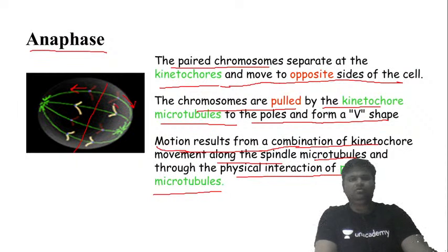So this is how the chromosomes are pulled, and motion results from a combination of kinetochore movement along the spindle microtubules and through the physical interaction of polar microtubules. So this is all that is happening in the anaphase.